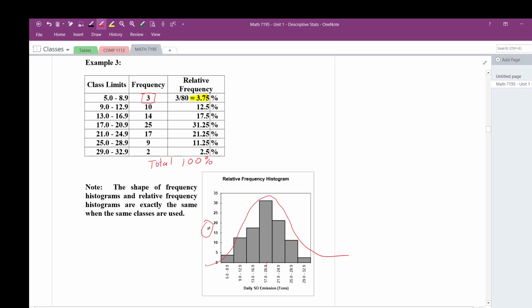If I need to compare the plant's emissions this year to the plant's emissions next year or a previous year, maybe not every year I have the same number of data points. If I collected 80 points of one year and 30 points another year and 150 points another year, to compare them, I can keep them all on the same scale if I convert them all to percentages.